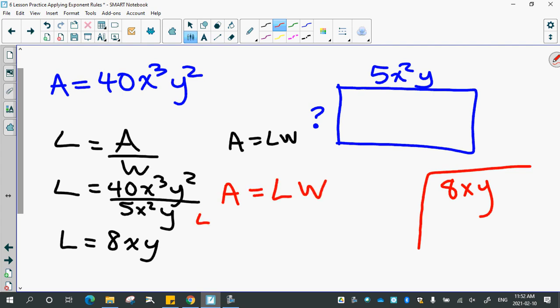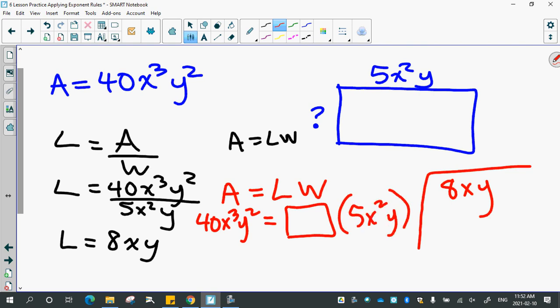Then I had other people doing it like the box method. So the area has to end up being 40x cubed y squared. The length is what we don't know. And the width is 5x squared y. And then they were figuring out, what do I need to multiply 5 by to get 40? 40 divided by 5 gives you the 8.